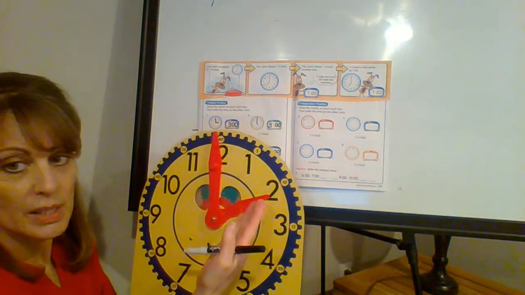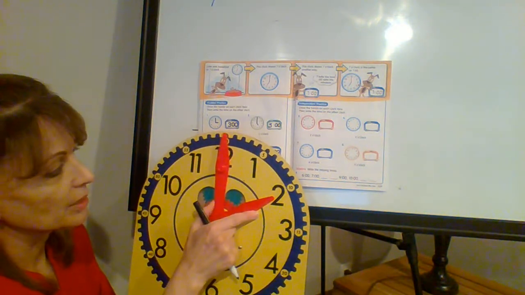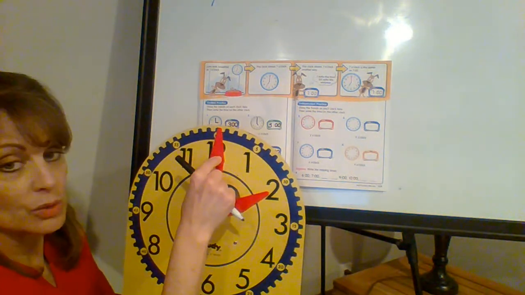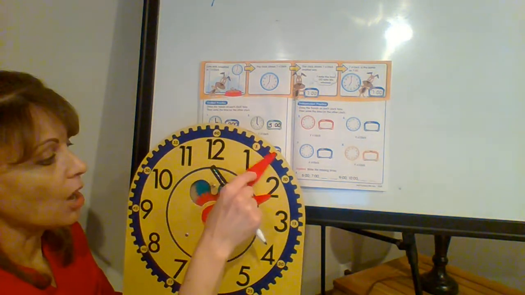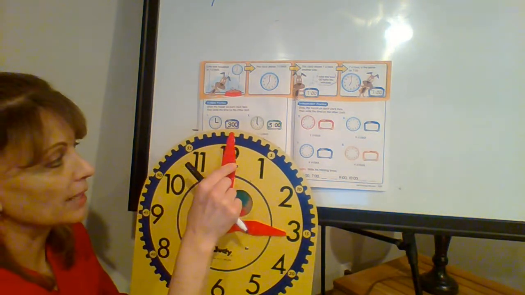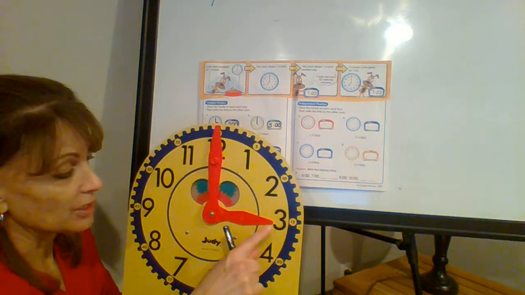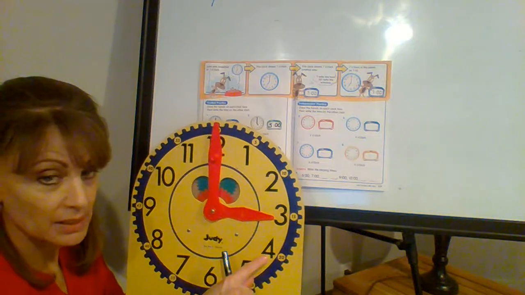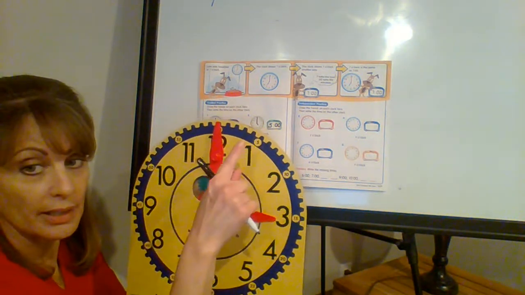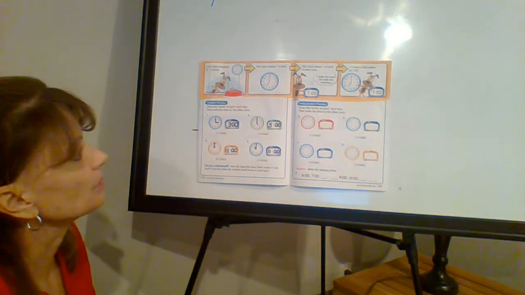It only moves to the next number. So it just went from 1 to 2. But look at the minute hand. It goes from 12 all the way around the clock and all the way back to 12 in an hour. So the hour hand just goes from one number to the next, but the minute hand goes all the way around the clock in an hour. Isn't that so interesting? I think so.